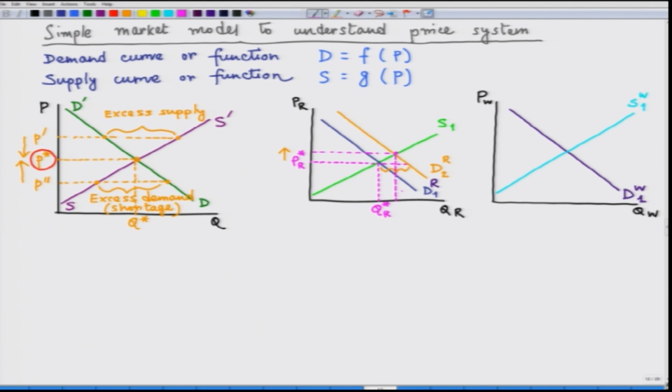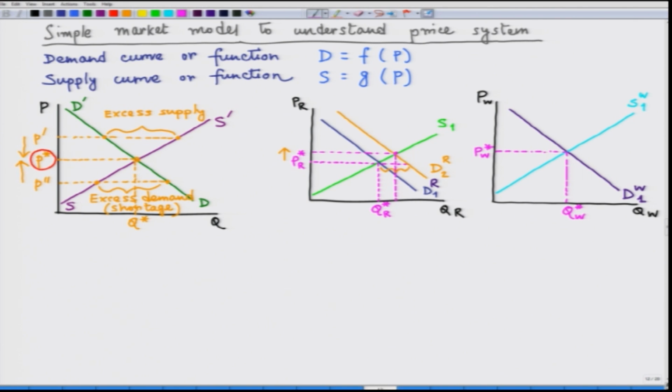Right. Now, what will happen in the case of wheat? Let us first look at the equilibrium price and quantity figures to start with. Q star W is the equilibrium or market clearing quantity, and P W star is the equilibrium price to start with.